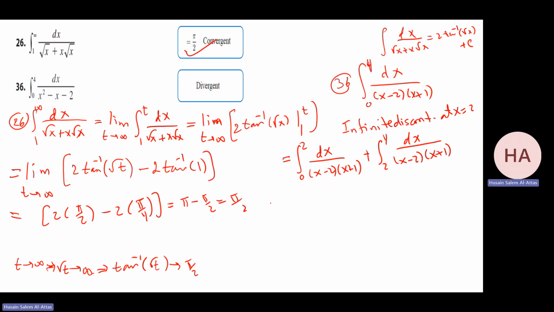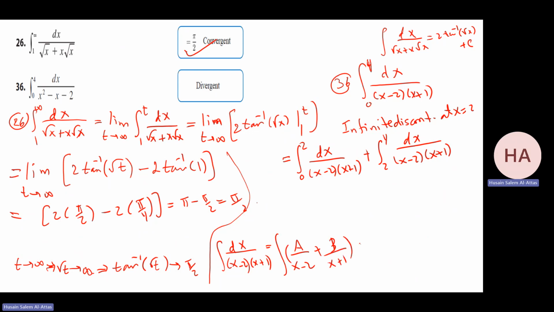Let's see what will happen. Let's do the first one. I need to do this integral. Sometimes it's good to do the integral dx over x minus 2 times x plus 1. That is A over x minus 2 plus B over x plus 1, dx. Now, cover method, I think we'll do it. Cover, this is with 2, I have 1 over 3.